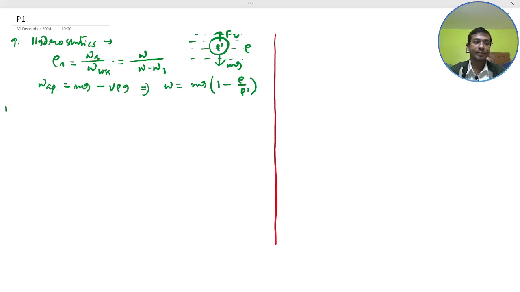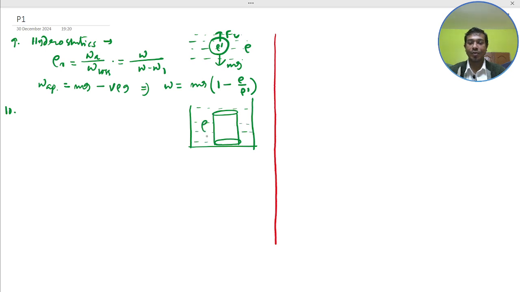Next one, the accelerated fluid. Suppose a system has a cylindrical shape, and within it is a liquid whose density is rho, and the height is h.